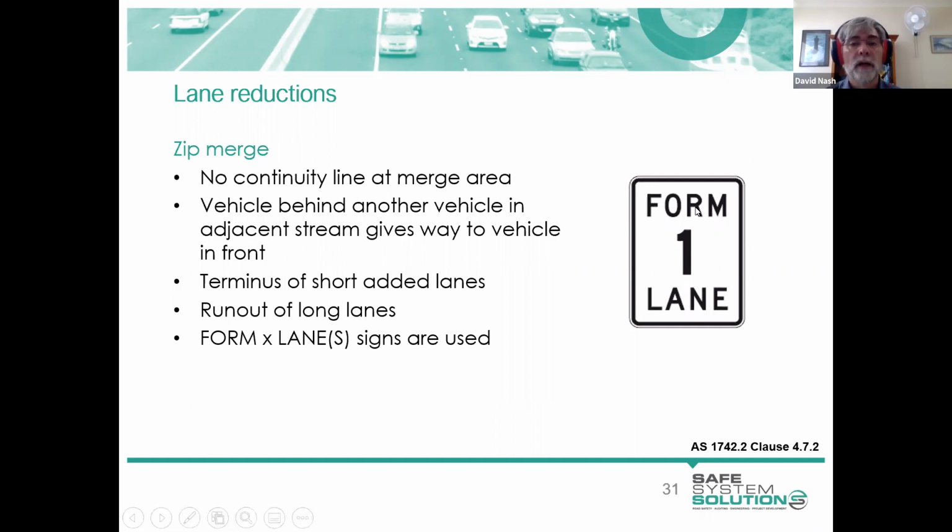So a form 1 lane would be appropriate in that location. And also on the departure side of intersections like roundabouts or signalised intersections where there might be an added lane and then within 100 metres or so of the intersection it disappears. Usually it's a zip merge situation.